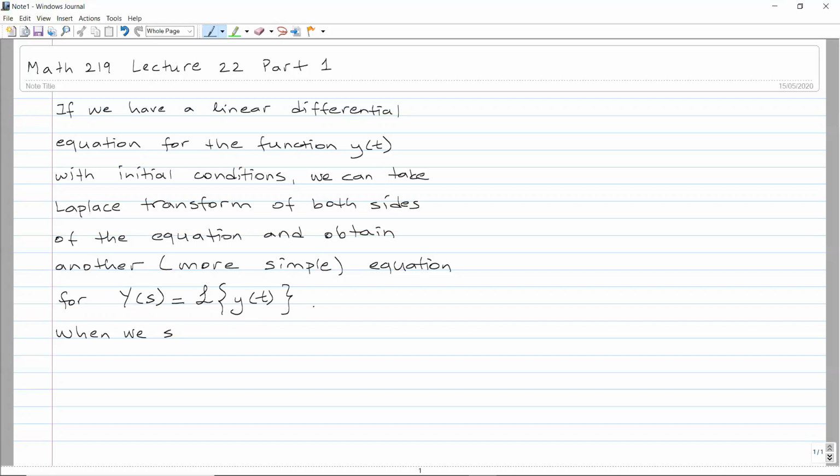When we solve this equation for capital Y, we are going to obtain an expression. Solving this equation means we are going to isolate the function capital Y on one side of the equation and obtain an expression in s for this function on the other side.